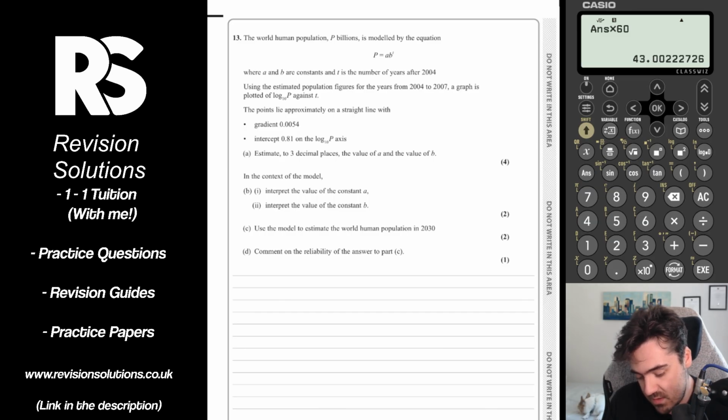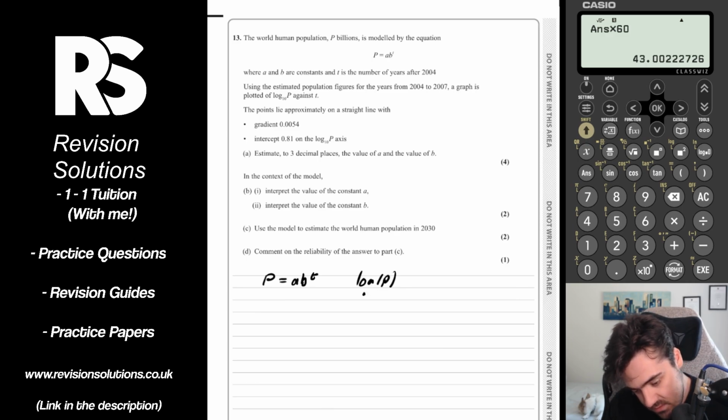So the first thing is we can compare those y-intercept and gradient to how it relates to our equation just by logging our equation. So if we start from P equals A B to the T, we log both sides. So log P, or log base 10 of P, same thing, is log base 10 of A B to the T, just logging both sides.